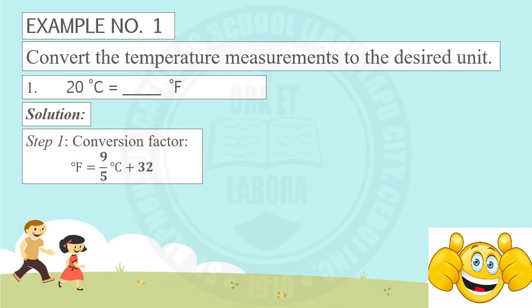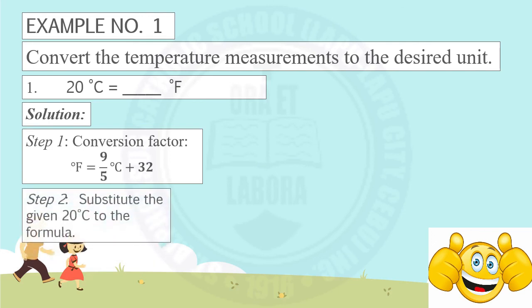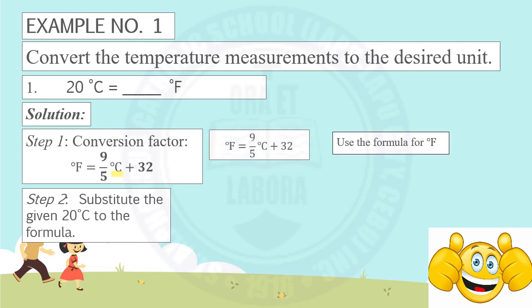The formula for degrees Fahrenheit is 9/5 degrees Celsius plus 32, right? Second step, substitute the given 20 degrees Celsius into the formula. So we need to substitute 20 degrees Celsius here.